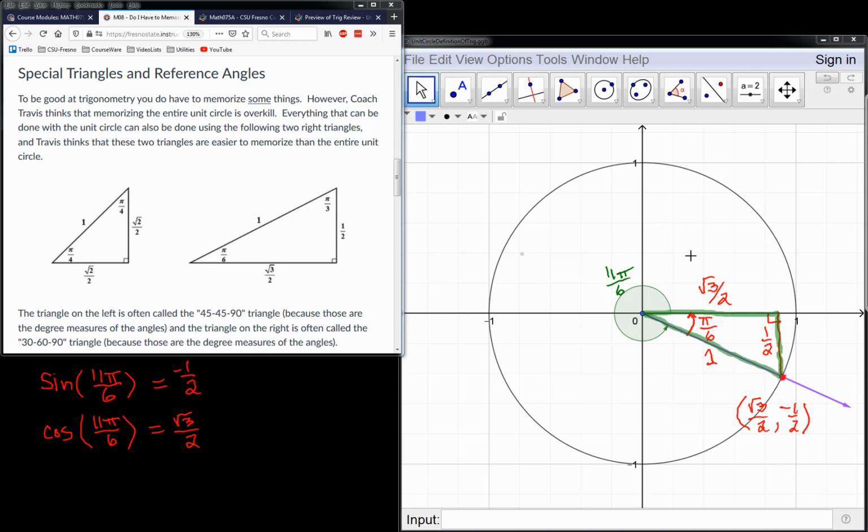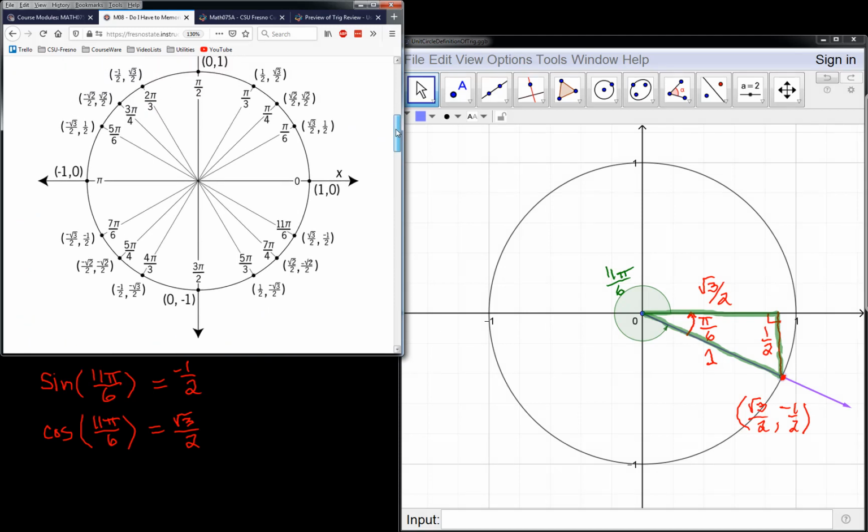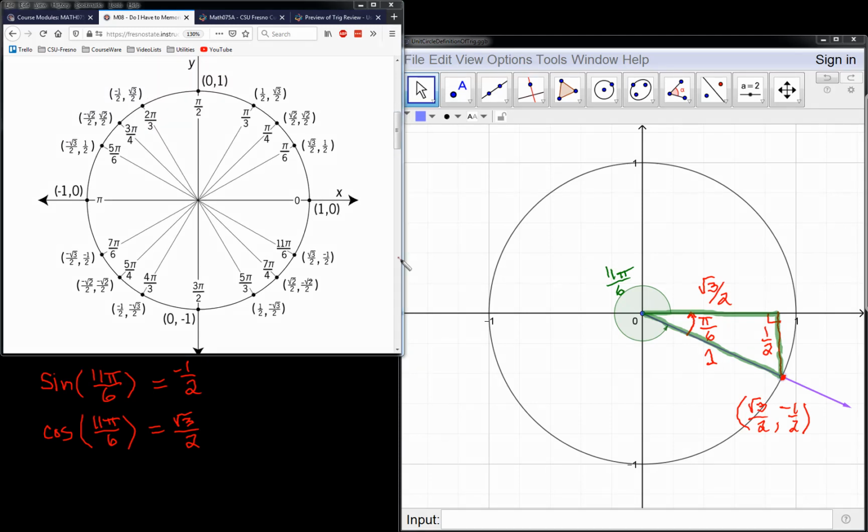And so notice if I go back to my unit circle, you can see that, oh yeah, that's exactly what the unit circle predicted. What we did was we just figured out what the unit circle already said, but we figured it out. We didn't have to memorize this whole thing.